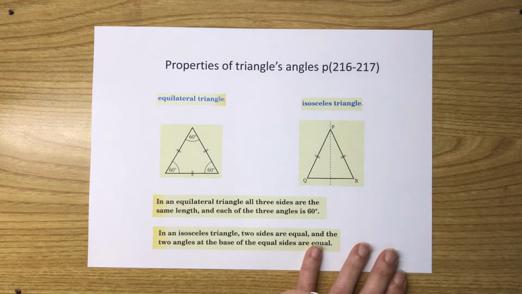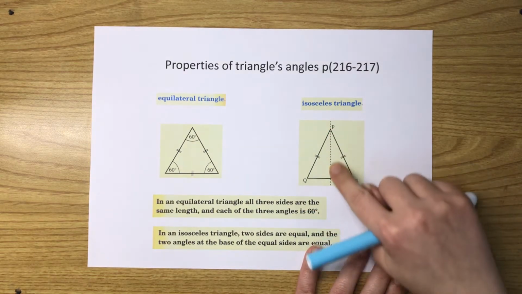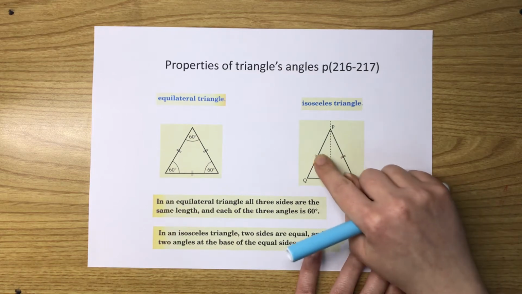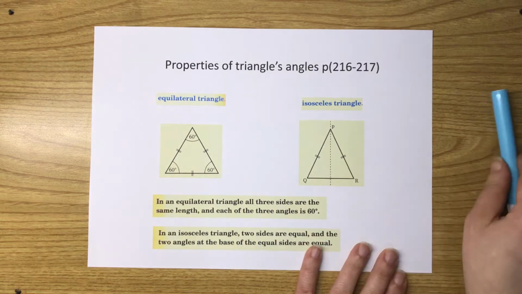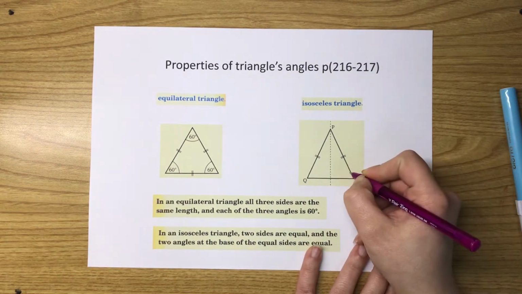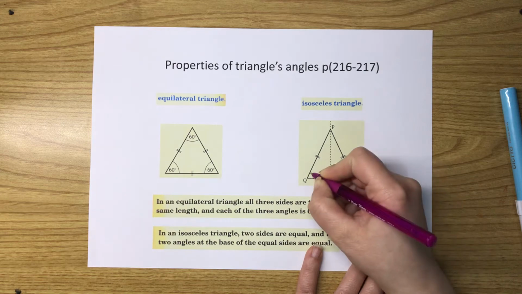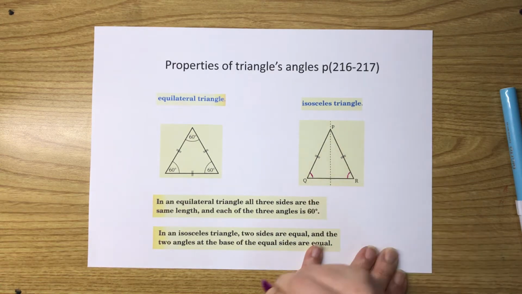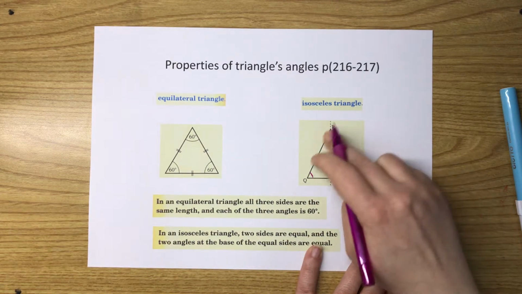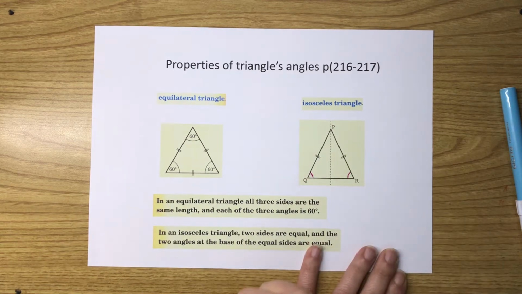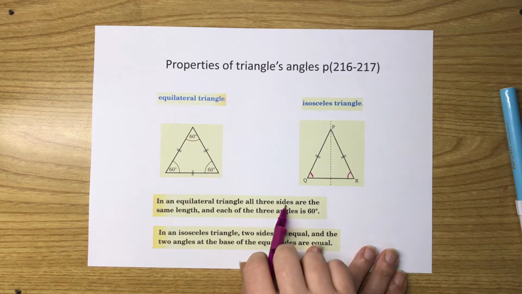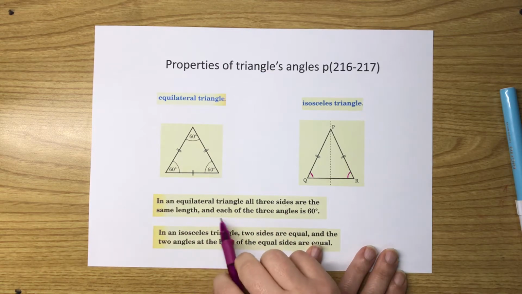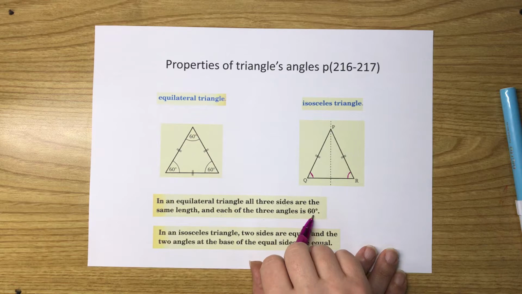This is an isosceles triangle. The isosceles triangle has two equal sides and two equal angles. Let me name these. So R and Q are equal angles at the base of this isosceles triangle. In any equilateral triangle, all three sides are the same length and each of the three angles equals 60.